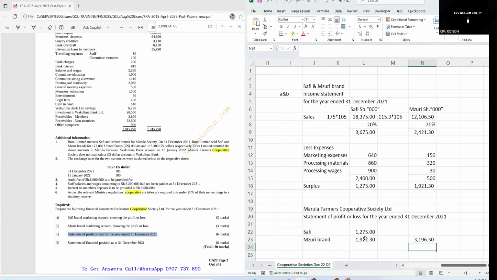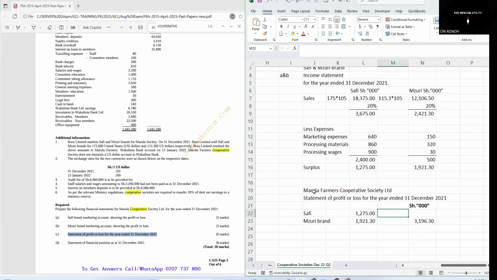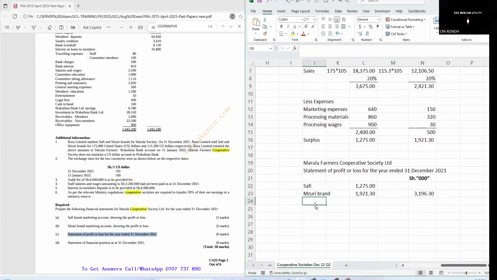Don't forget to show that you have three zeros here.